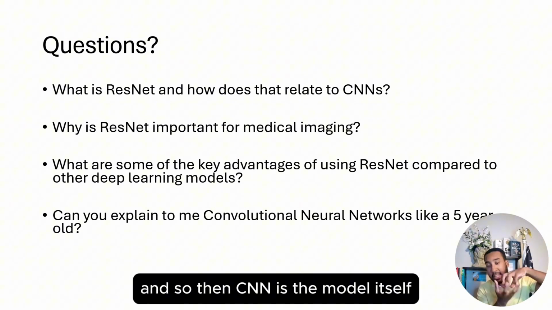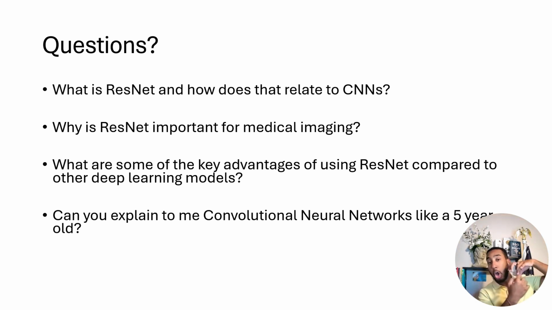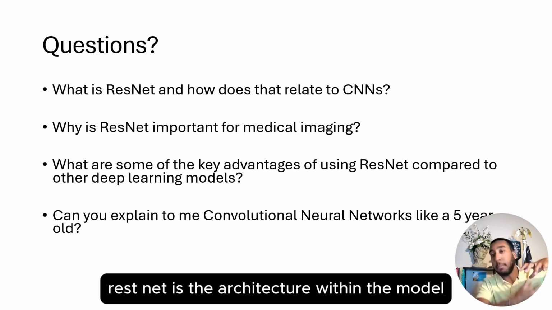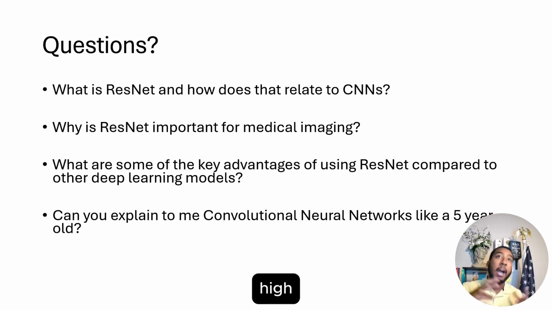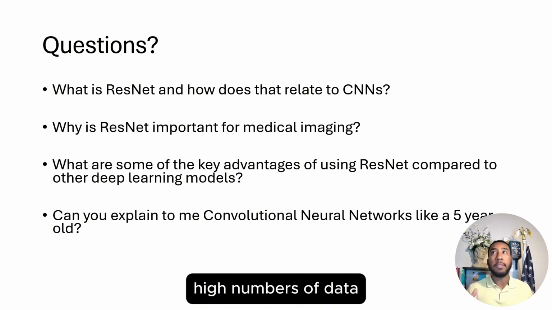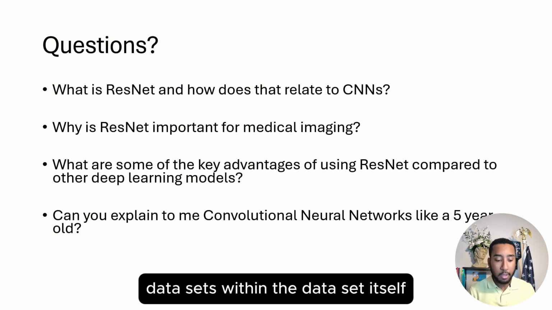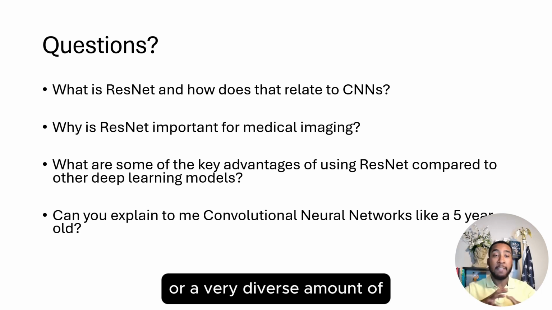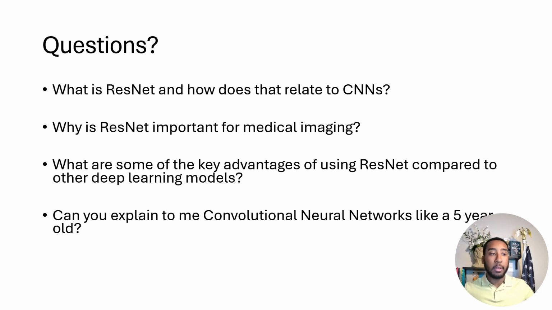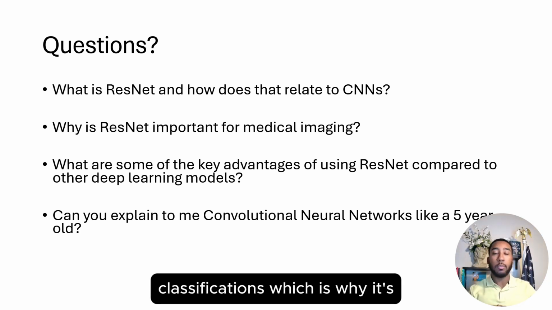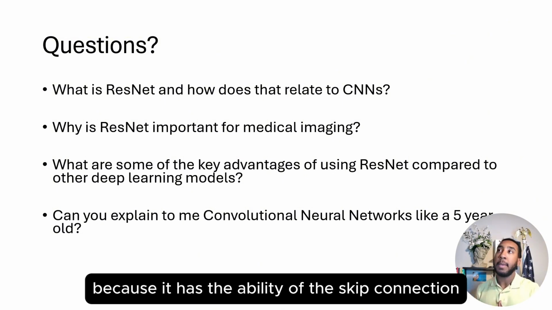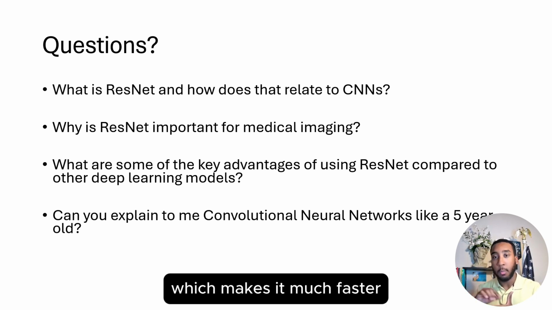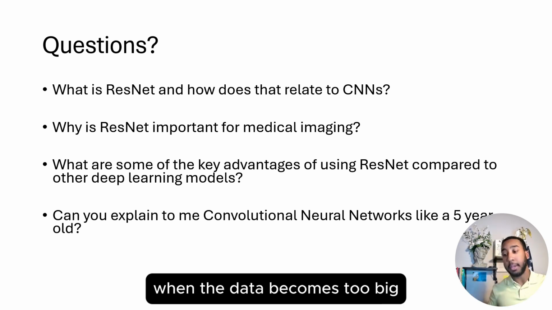And so the CNN is the model itself, and the ResNet is the architecture within the model that makes it really good at understanding either large numbers of data points within the data set itself, or a very diverse amount of classifications, which is why it's so much faster than most other CNN models, because it has the skip connection, which makes it much faster when the data becomes too big.